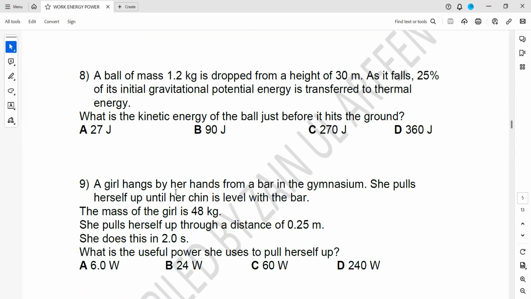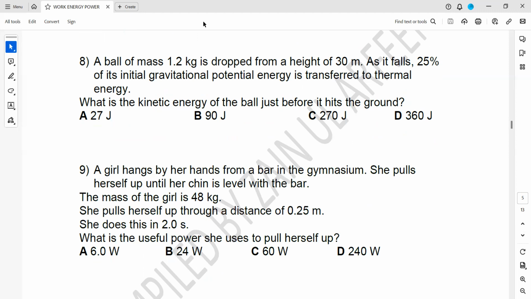In question 8, a ball of mass 1.2 is dropped from a height of 30 meters. As it falls, 25% of the potential energy is transferred to thermal. Thermal means loss, so 25% is being lost. What is the kinetic energy? First, the ball has potential energy.